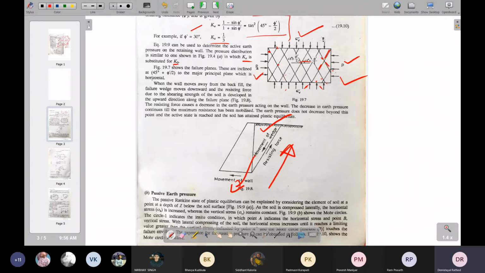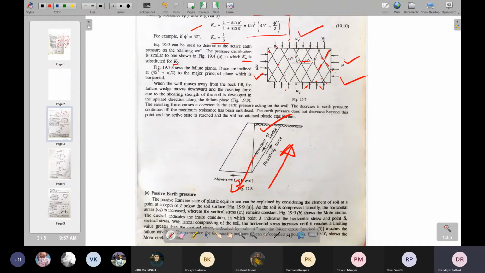The resisting force causes a decrease in the earth pressure acting on the wall. The decrease continues till the maximum resistance has been mobilized. The earth pressure does not decrease beyond this point, and the active state is reached.